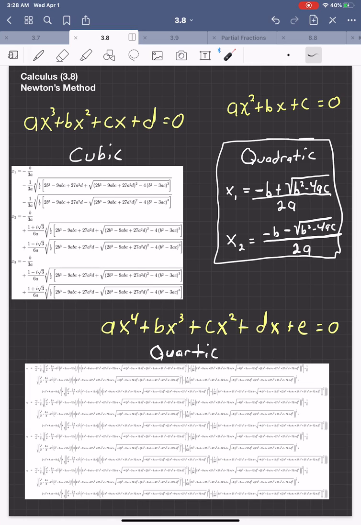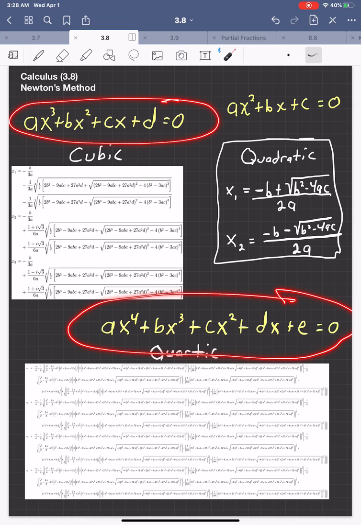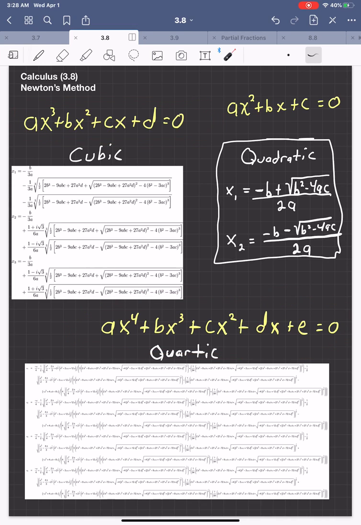If you have cubic equations of the following form, or fourth degree equations of the following form, it's just a matter of plugging in A and B and C and D and E. But you can see that the work does get quite involving, right?